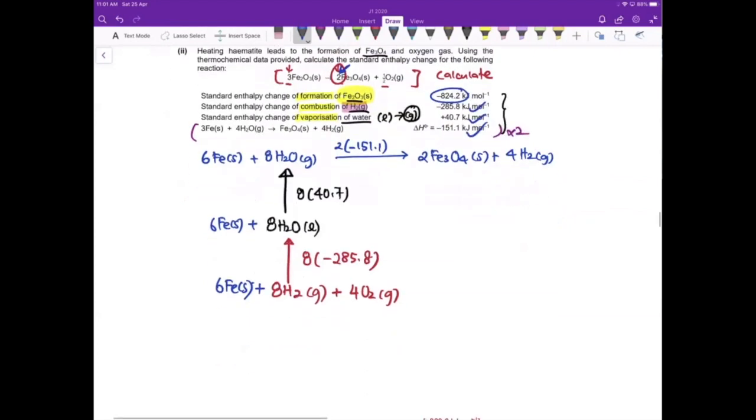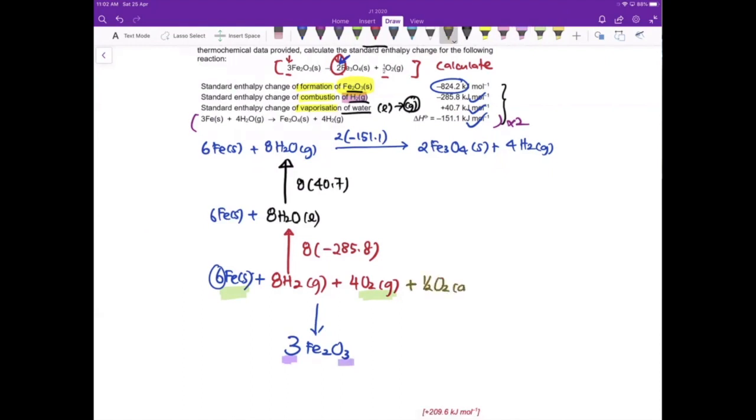Now you see your oxygen gas already, and you see your iron, you can start to form Fe2O3. Since there are 6 units, I need to form 3 units of Fe2O3. So the total number of oxygen you use is 9. I need to add another half to make sure it's 9.